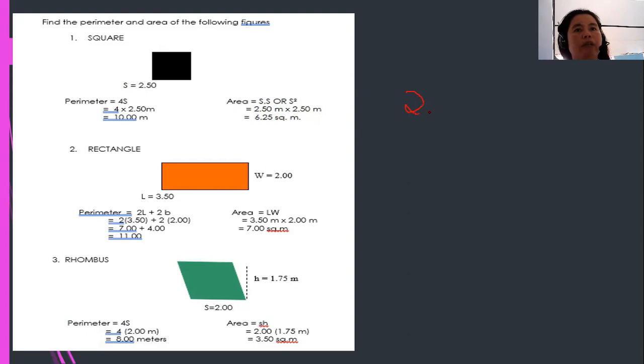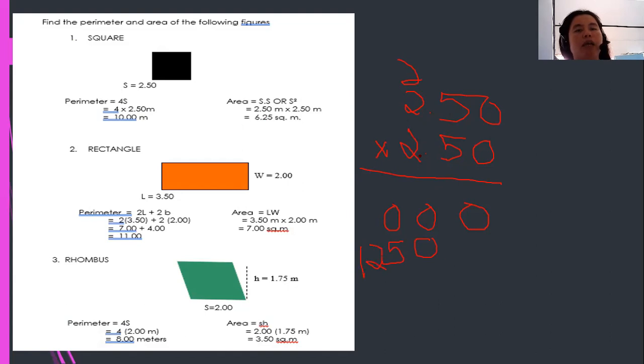So how do we compute it? 2.5 times 2.5. First, you multiply the ones. 0 times 5 is 0, 0 times 2 is 0. 5 times 5 is 25, so bring down 5, carry the 2. 5 times 2 is 10 plus 2 is 12.